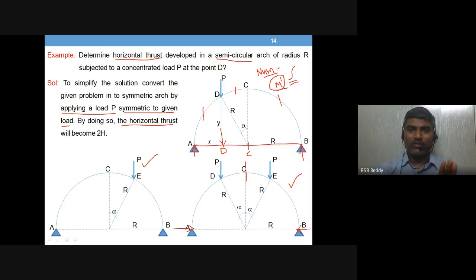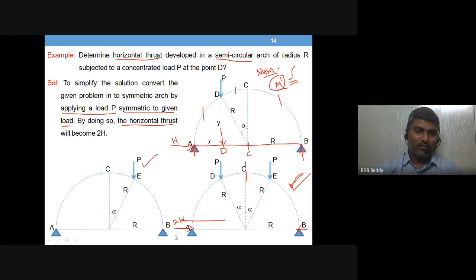This is your given problem, and you want H for this problem. You have modified this problem by adding another load yourself. Now this is symmetric, and I will work out this problem by taking this diagram, and what I get here is twice the value of H that I exactly want.